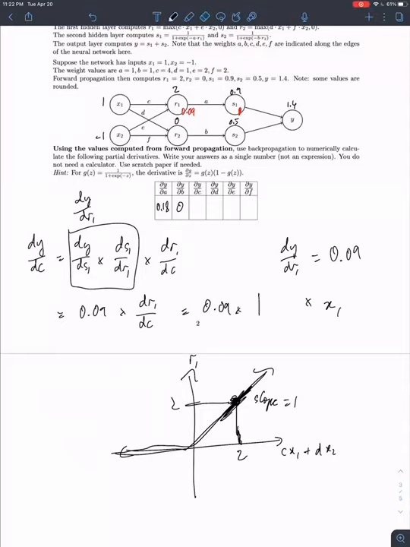So it's 0.09 times 1 times x1. What's x1? It's 1, that's where our input was. So this thing is also 1, and this equals 0.09. That's dy dc.